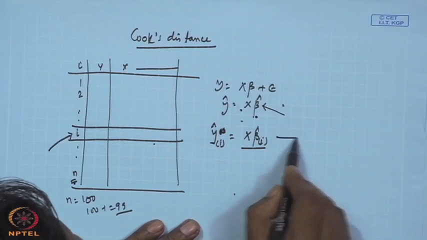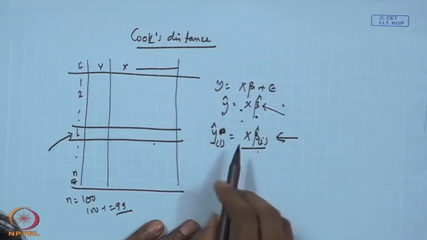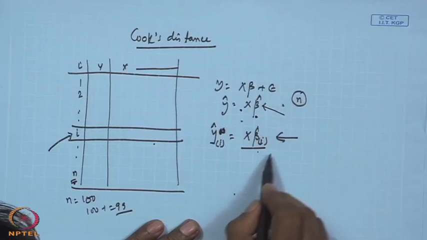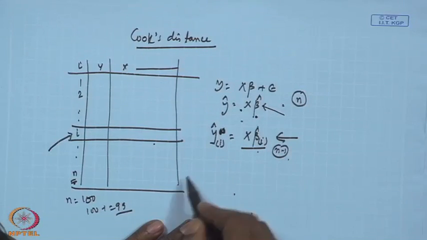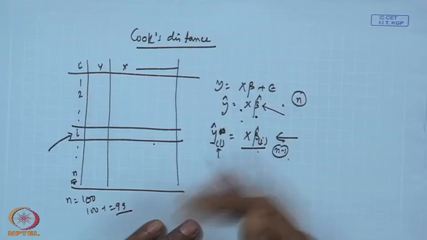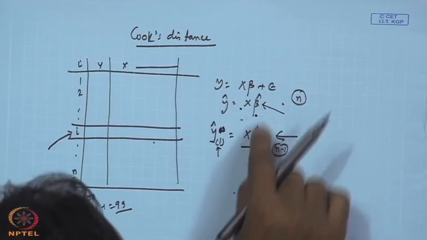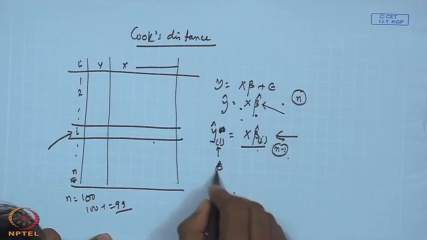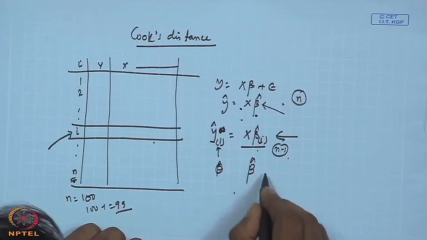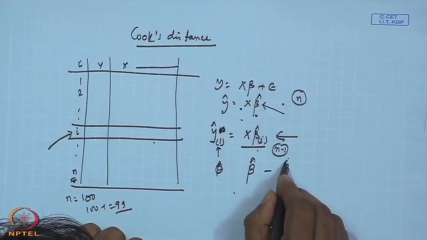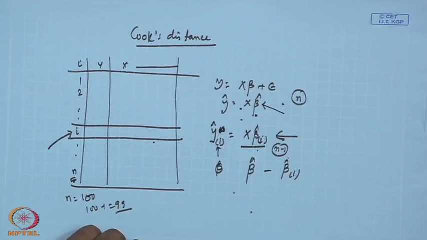So, what is the second equation? Here you have taken n data points, here you have taken n minus 1 data points, the ith one is eliminated. Then the difference between beta cap and beta i cap should not be much. Effectively there should not be any difference, only rounding error, some difference will be there.